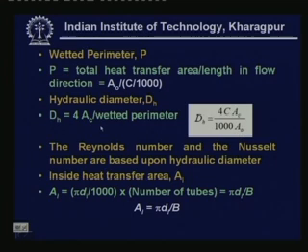Okay. And why do we need hydraulic diameter? Because the Reynolds number and the Nusselt number are based upon hydraulic diameter. So, if you want to find out the Reynolds and Nusselt number, because the heat transfer coefficient depends on these numbers, we have to find out the hydraulic diameter. Okay. And the inside heat transfer area A subscript I is nothing but pi di by 1000 into number of tubes.